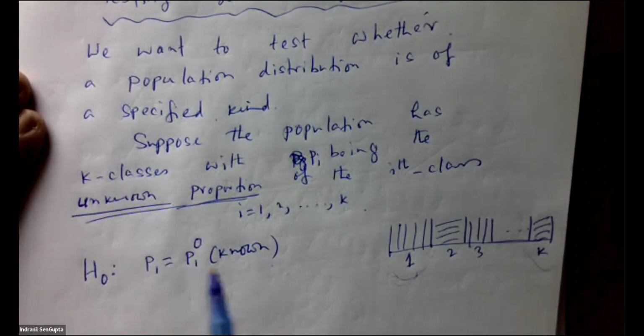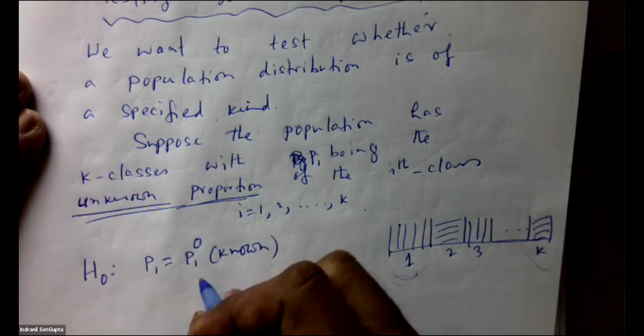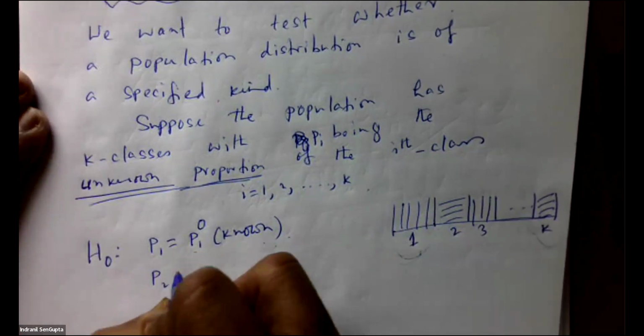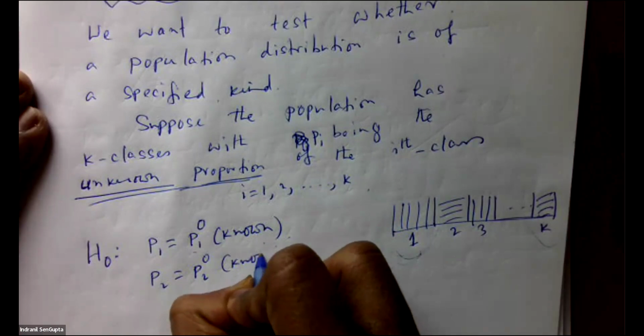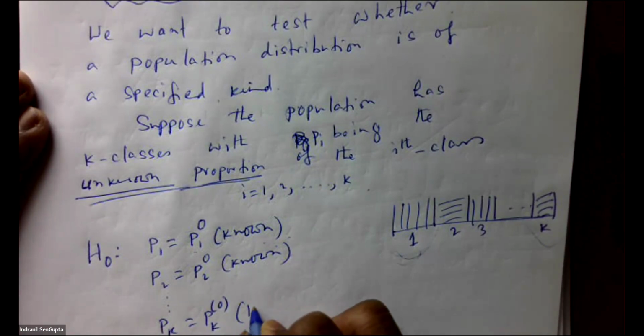P1 is unknown, but suppose we have a number. Suppose our conjecture is that p1 is 1 over 16. That is a specified number. Suppose my second conjecture is that p2 is also 1 over 16, and so on. Pk is pk,0, which is specified.